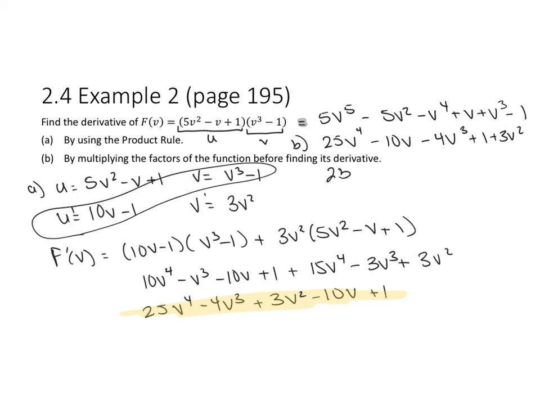So 25v to the fourth minus 4v cubed plus 3v squared minus 10v plus 1. And I noticed that I forgot to put this squared in. I wrote it here, but I forgot to write it here. So when I glanced down, I noticed that I had made a mistake. But now you see that they're exactly the same.